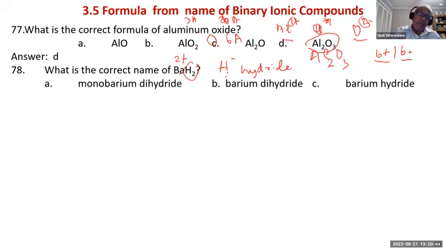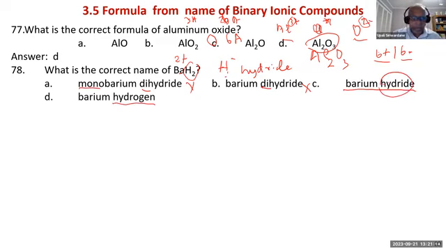Prefixes are not used in the cation or anion. Dihydride, with a prefix used in the anion, that's wrong. Prefixes used in both is wrong. So the answer is barium hydride. Barium hydrogen is wrong. Hydride is not hydrogen. Therefore, answer is C.